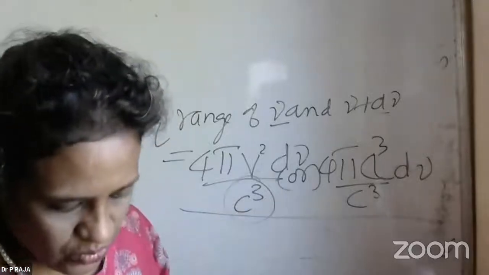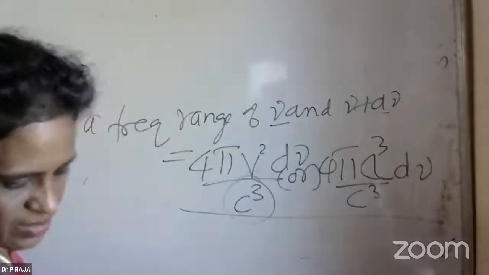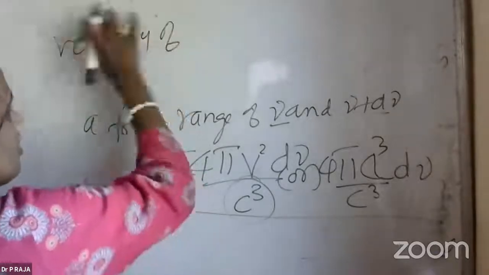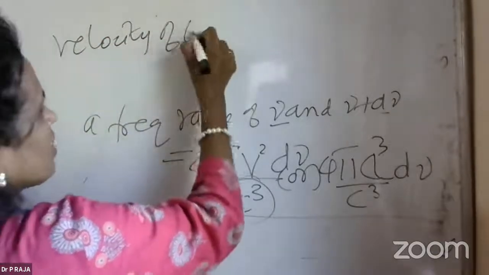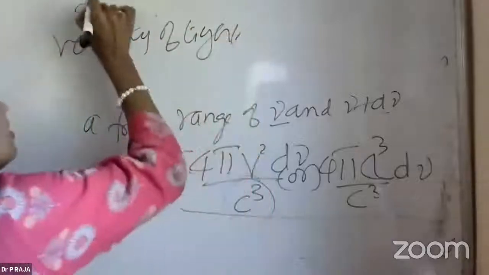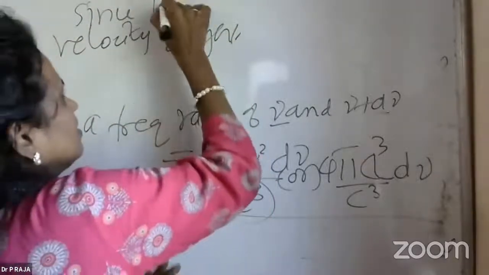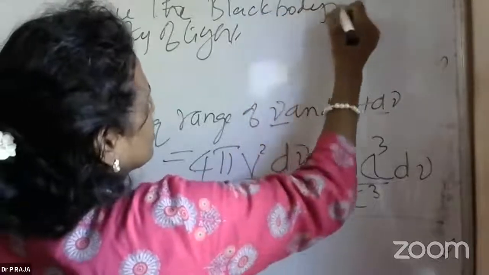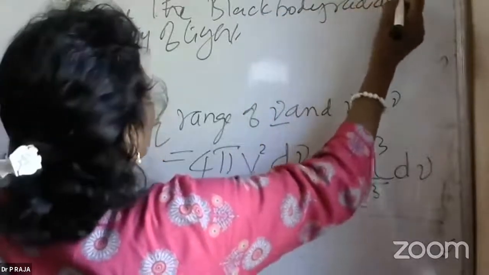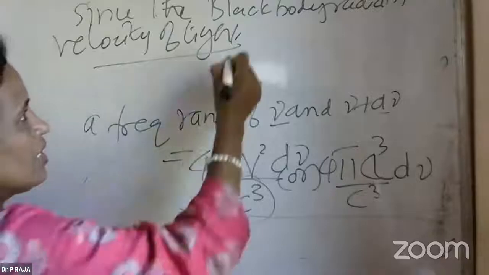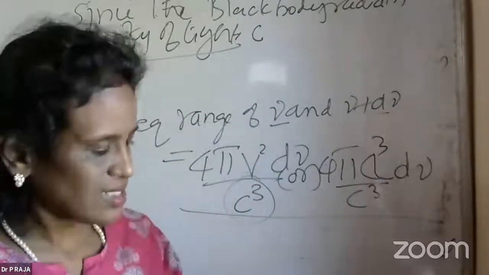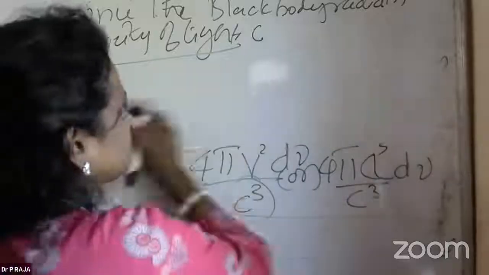So I can say, since the black body radiations which are traveling in the waveform are having the velocity of light c, they are transverse in nature.